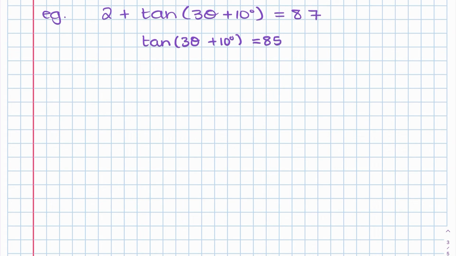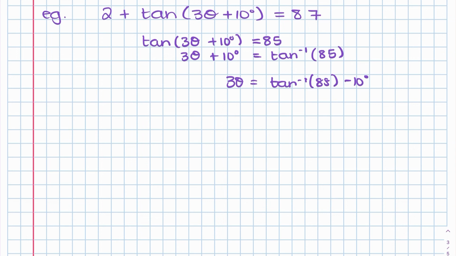Then after that, we can now do the arc tan. So we're going to be left on the left-hand side with 3 theta plus 10 degrees is equal to arc tan, or we press the shift button on our calculator, tan, and then 85. Now we can start moving over the other numbers. The first one we can do is subtract 10 from both sides. So that's going to give me 3 theta is equal to arc tan of 85 minus 10.